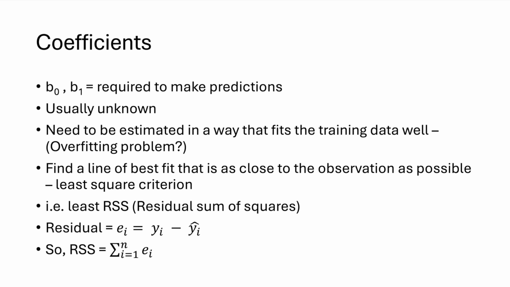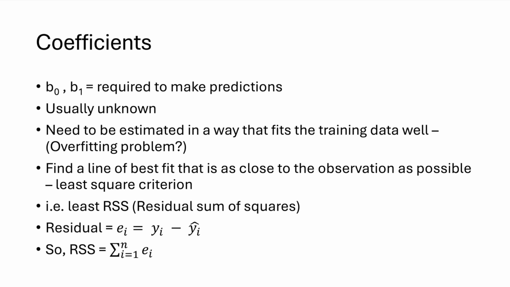A few things to know when finding this line of best fit is something called RSS, which is the residual sum of squares, and it is calculated as the sum of squares of the residuals. So what is a residual? Residuals are the differences between the observed values, which are the actual data points, and the values predicted by the model.